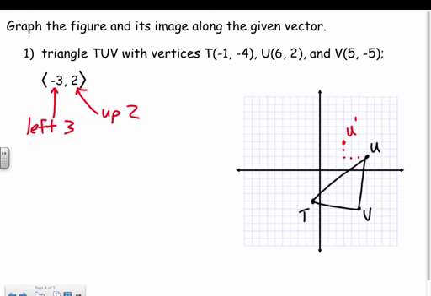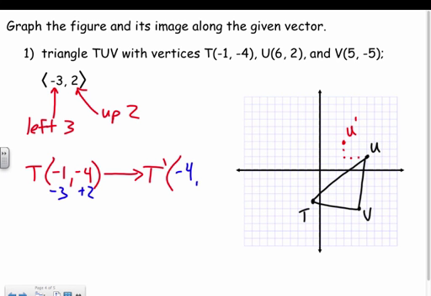I could also do it mathematically. I could take T, which is at -1, -4. To get T prime, what would I do? I would subtract 3, or add a -3 to the X, and I would add 2 to the Y. So T prime would be at -4, -2, when I do -1 minus 3 and -4 plus 2.